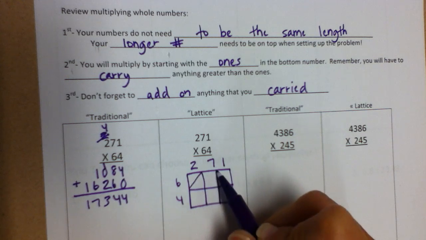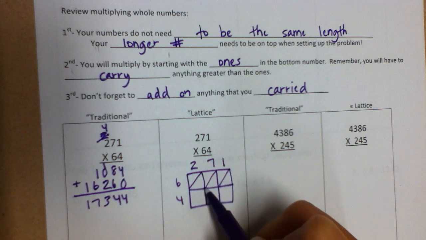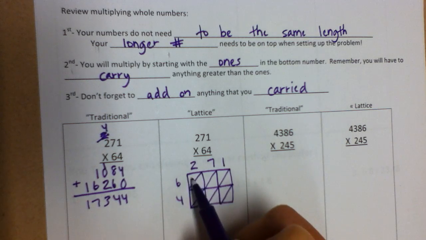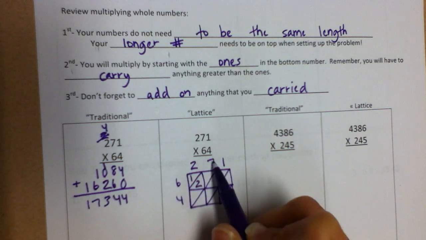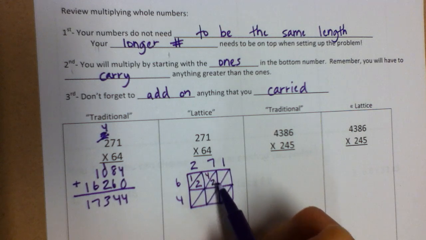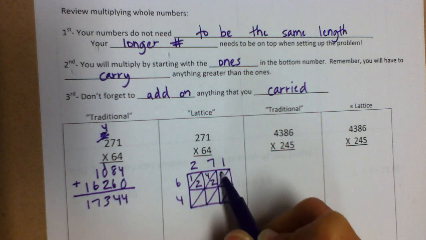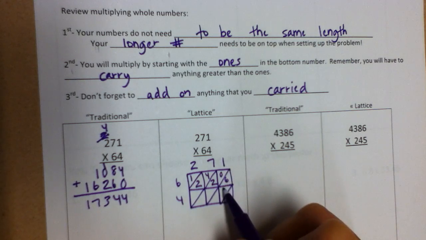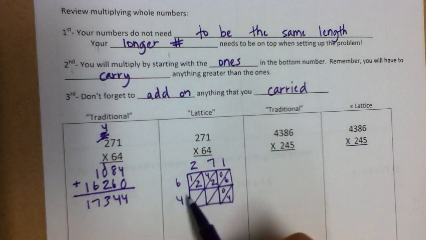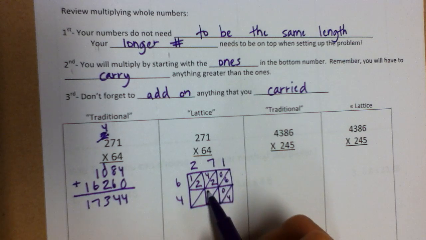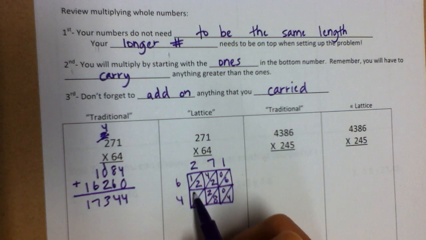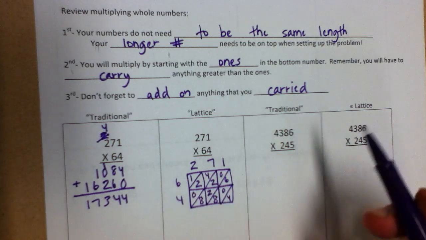And I'm going to draw my lines. 6 times 2 is 12. 6 times 7 is 42. 6 times 1 is 0, 6. 4 times 1 is 0, 4. 4 times 7 is 28. 4 times 2 is 0, 8.